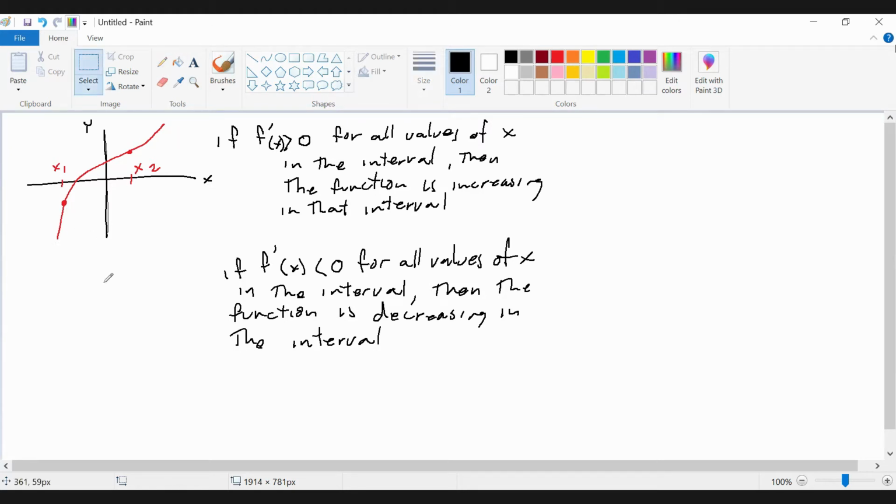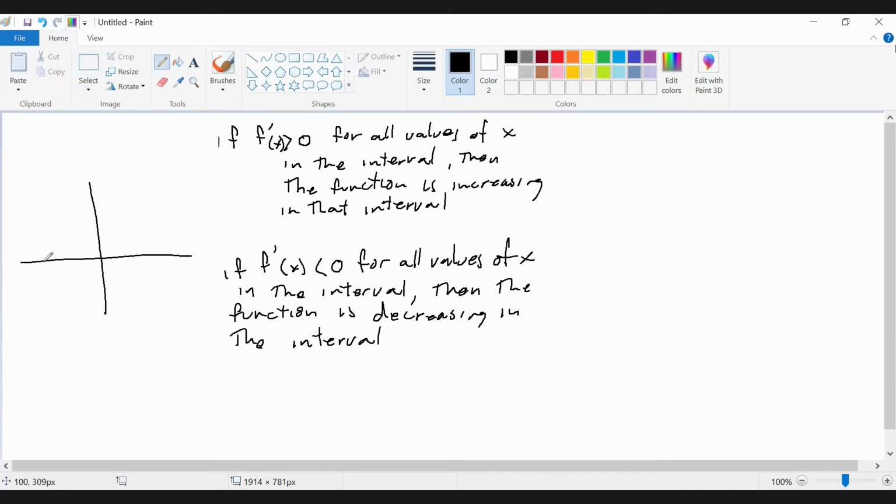We can verify this by graphing. For example, we have something like this, and the graph is going up like this, and then it goes down.